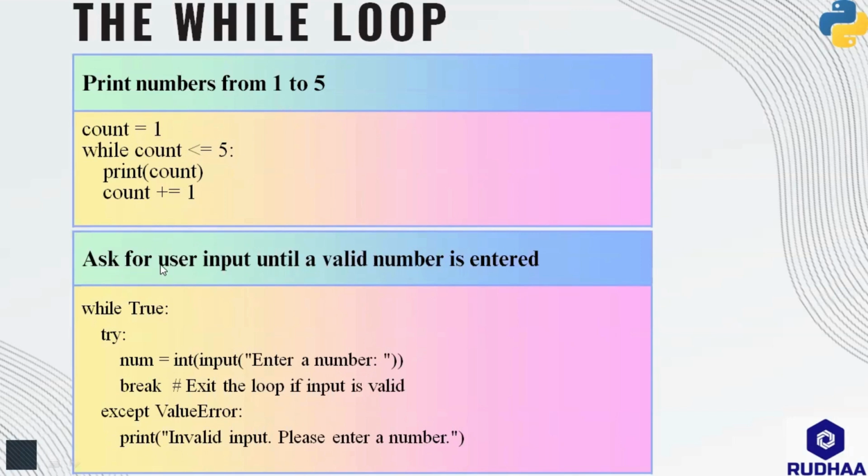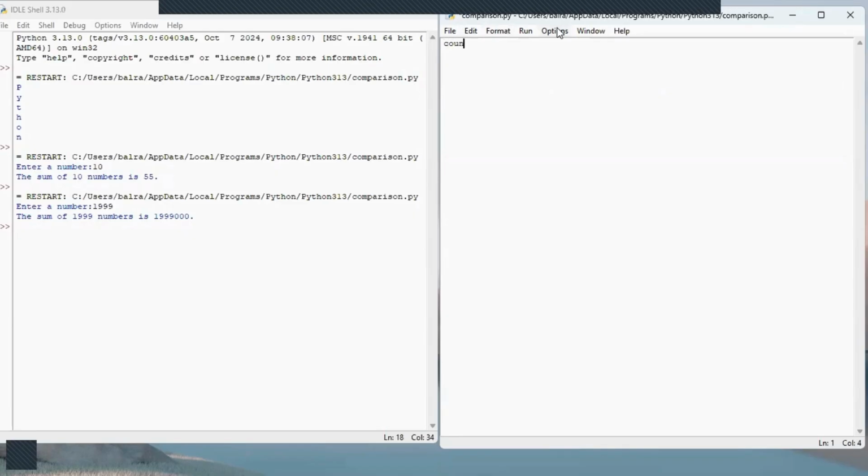Second example is ask for user input until a valid number is entered. So you can try this program. For simplicity, we will try a simple count program. Count equal to 1, while count less than or equal to 5. Before that, have a colon here.